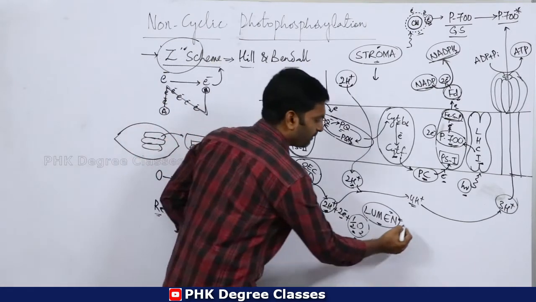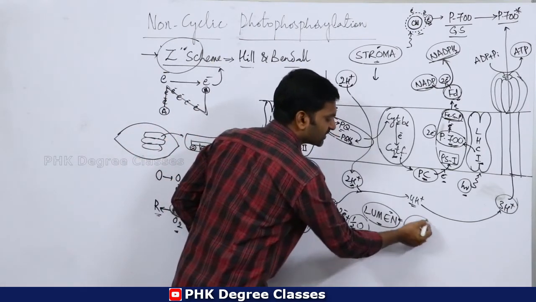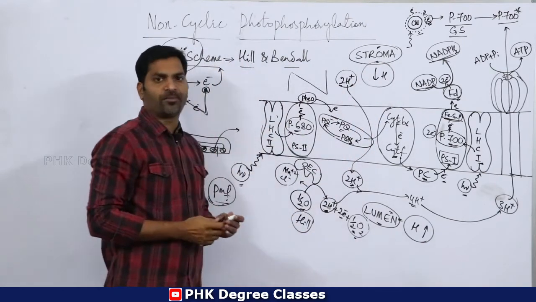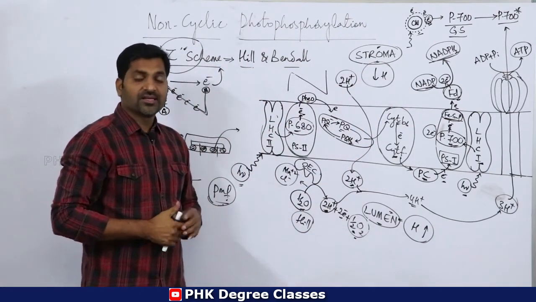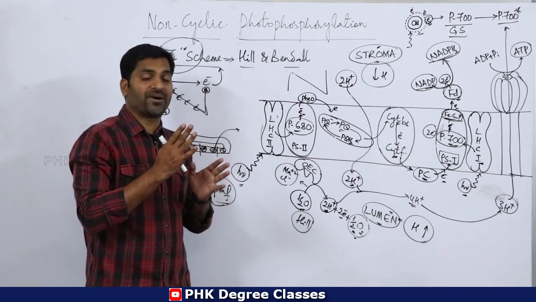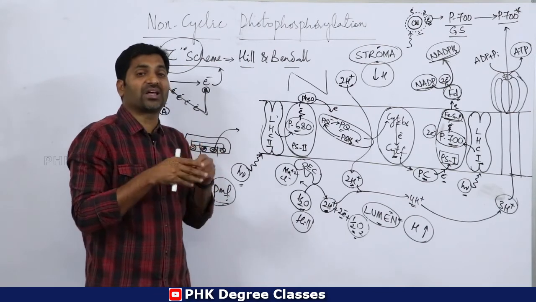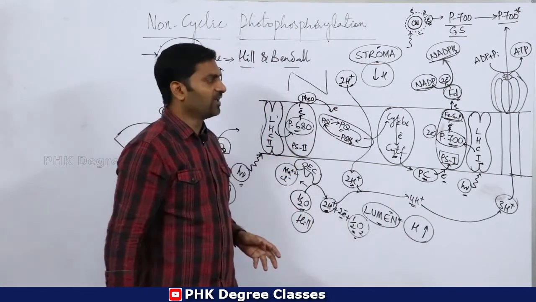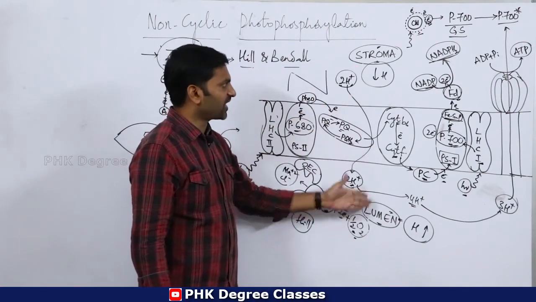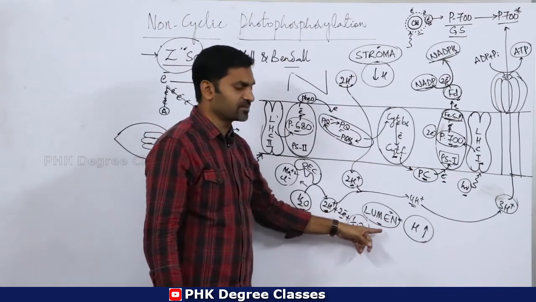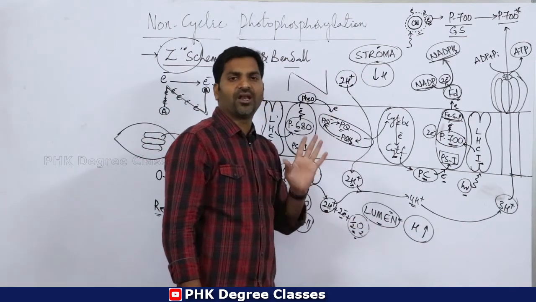This is the major osmotic proton gradient difference you can see on both sides. There are fewer protons in the stroma side and more protons in the lumen side.